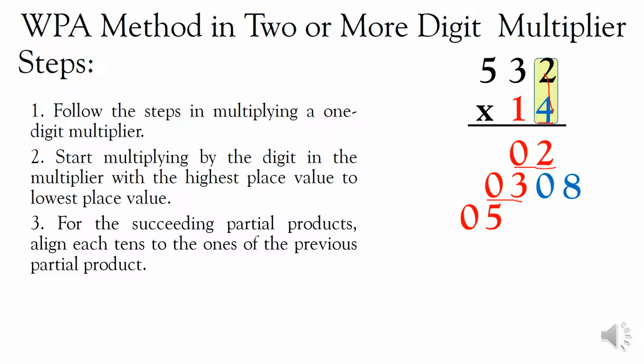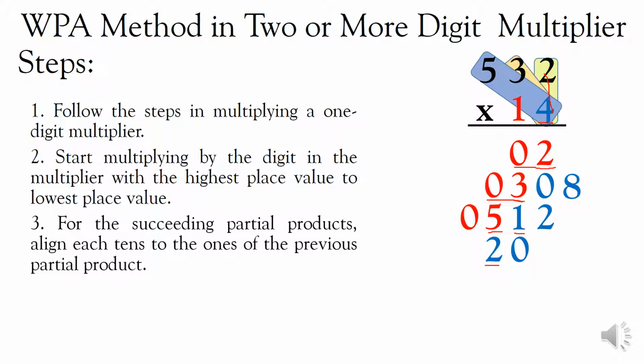Same will be done to the succeeding products. Next to be multiplied by 4 is 3, which gives us 12, aligning 1 to the ones of the previous partial product, which is 3. Then the last number to be multiplied by 4 is 5, which gives us 20, aligning 2 to 5.